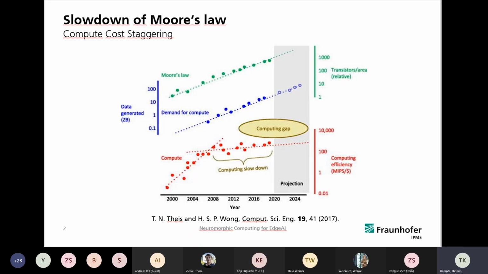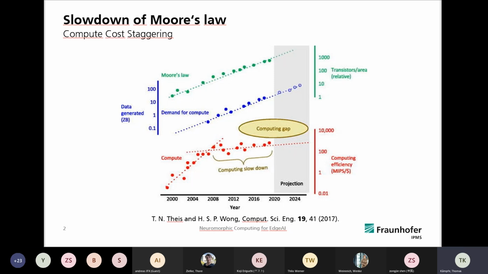Before I get into the actual topic, it's good to start with an awareness of the situation in the complete semiconductor industry. As everyone follows in the semiconductor industry, the growth is dictated by Moore's law.